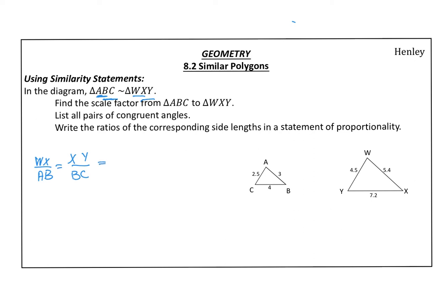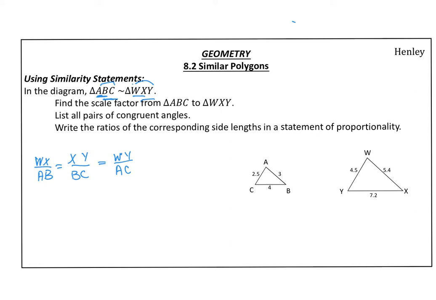And then finally, our third one, which is AC and WY. So WY and AC. And these together will give us our scale factor.